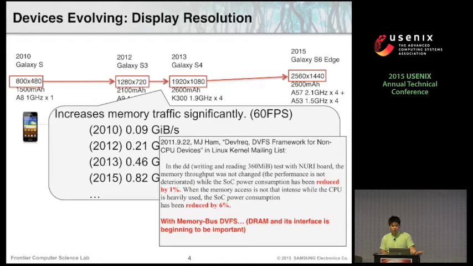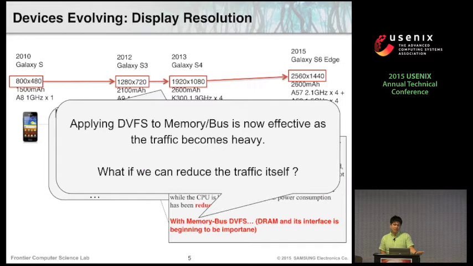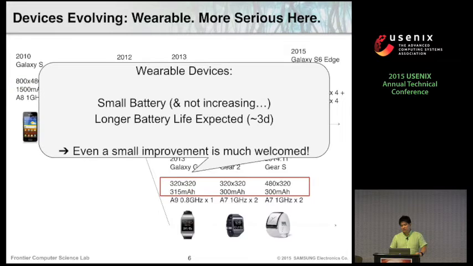We have been applying DVFS in the memory interface and its buses. However, what if we apply bandwidth reduction, so that we can apply DVFS more aggressively and reduce all the energy consumed by the memory traffic? Another aspect is that the resolution of wearable devices is not that high, but such devices also have small batteries.